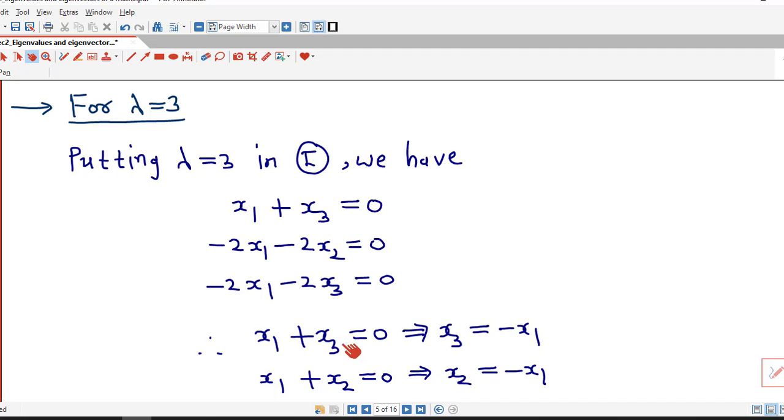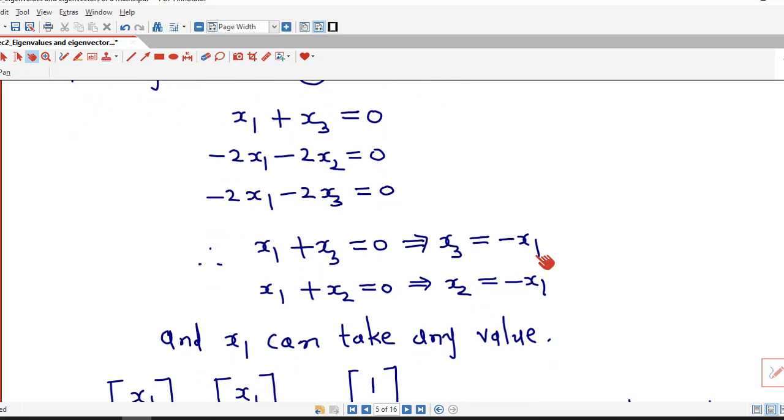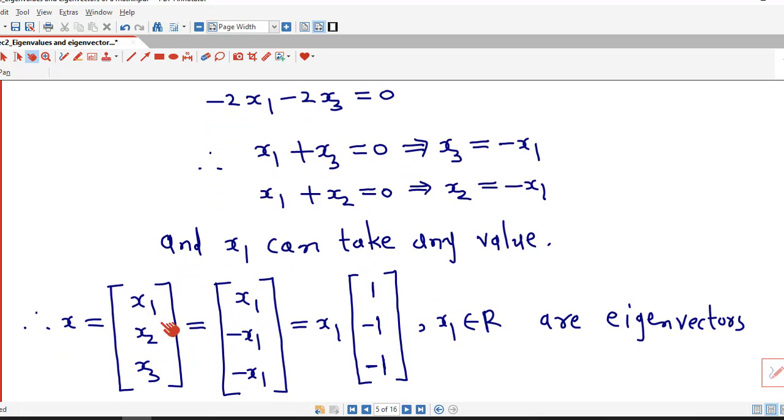And again we can write x3 and x2 in terms of x1, and x1 is arbitrary, we can take any value for x1. So therefore x equal to x1, x2, x3, we replace x2 and x3 by minus x1, and after taking x1 outside we have 1, minus 1, minus 1.